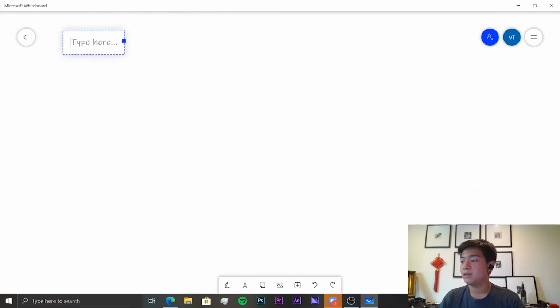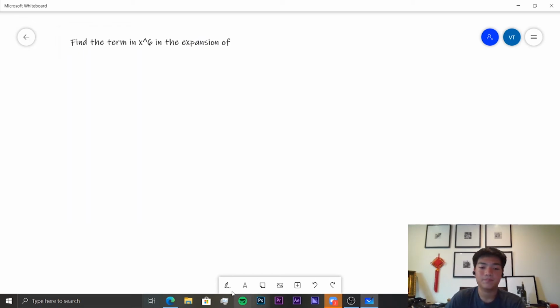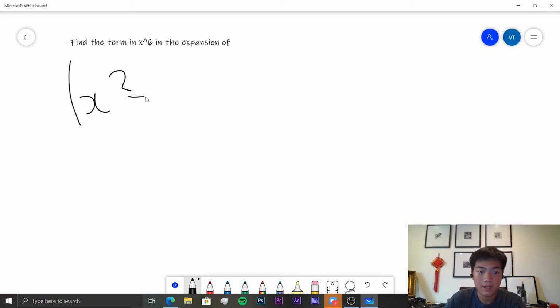So the next problem is we need to find the term in x to the 6th in the expansion of x squared minus, actually I'll write this out. So this would be x squared minus 1 over x to the 6th, right?